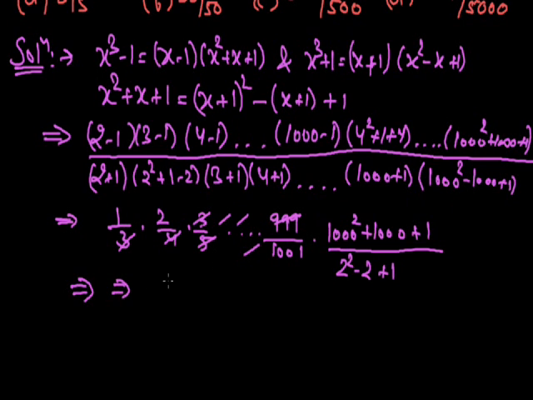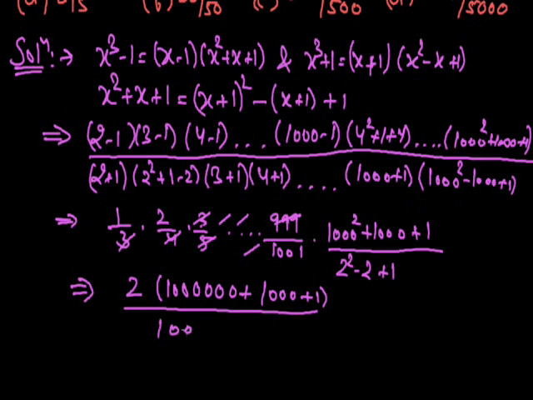So finally we would have 2 upon 3 into (1000 square plus 1000 plus 1) whole upon 1000 into 1001 into 3.